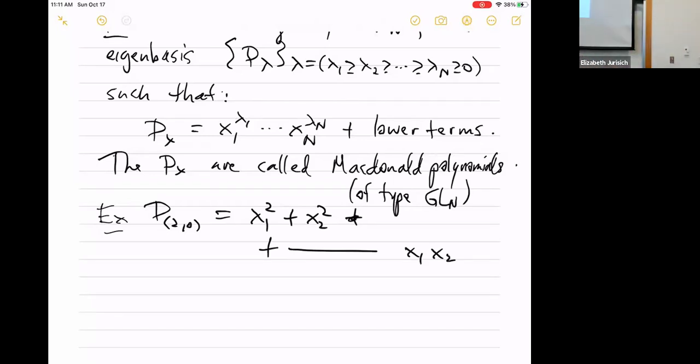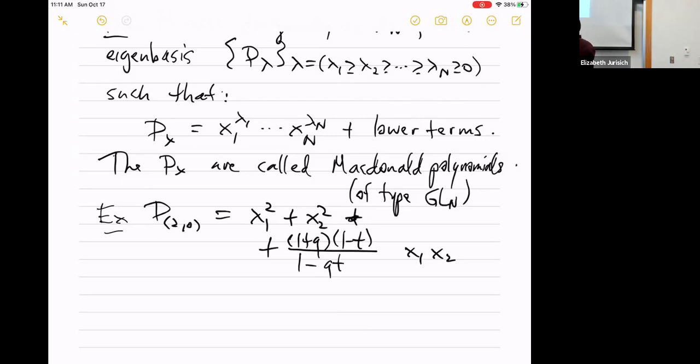And I've got to look at it because I don't remember it. 1 plus q, 1 minus t, over 1 minus qt. Okay, so I'm just writing this down to show you kind of what they look like.